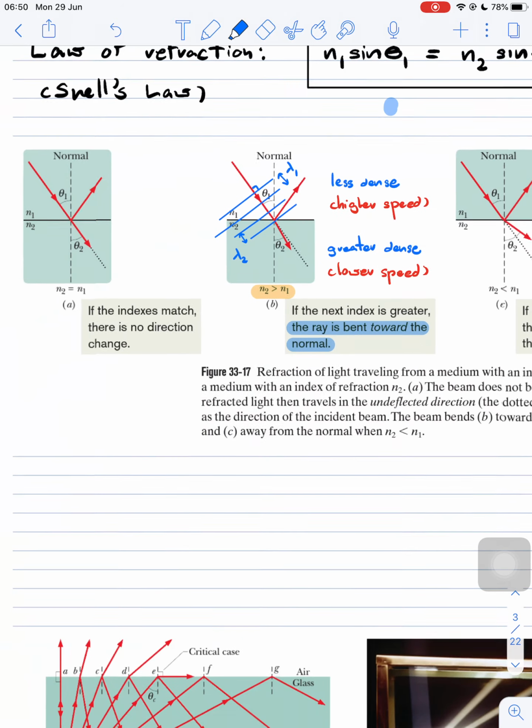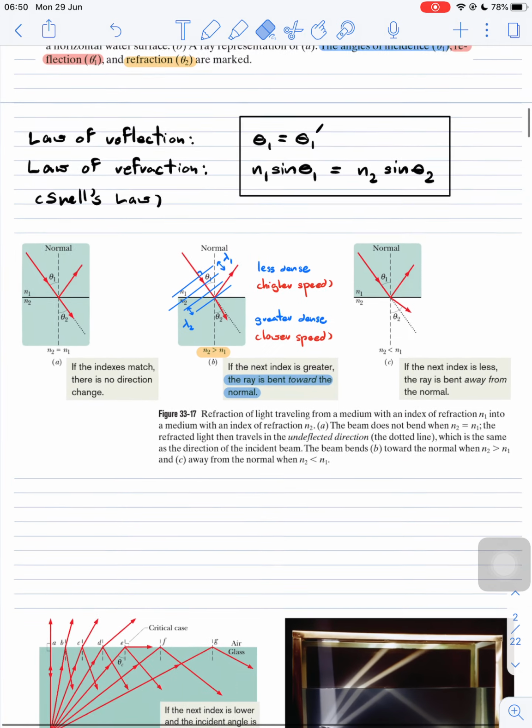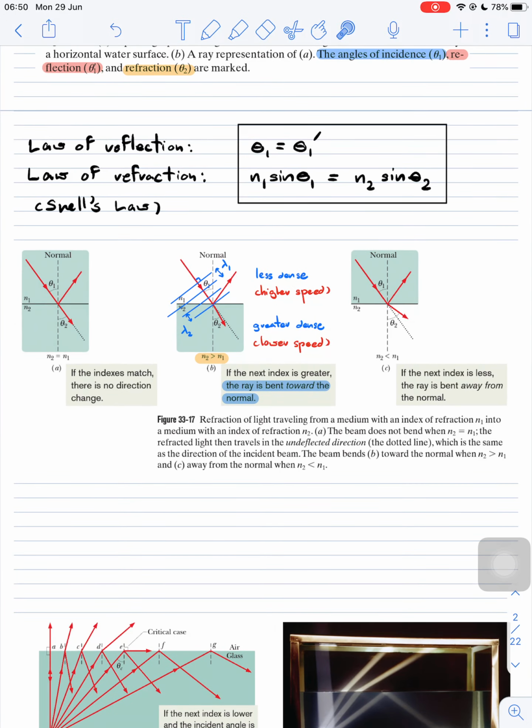Now remember that if the light is coming from the lower index to the higher index, the light ray of the refracted wave will be bending towards the normal line.